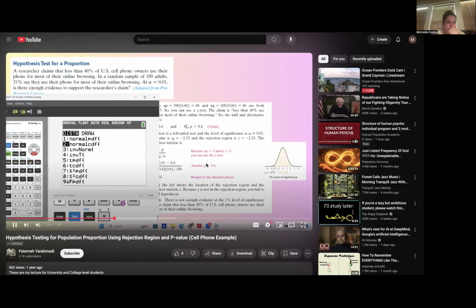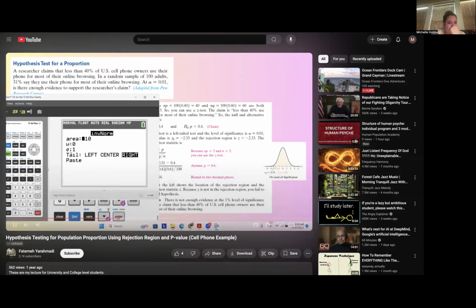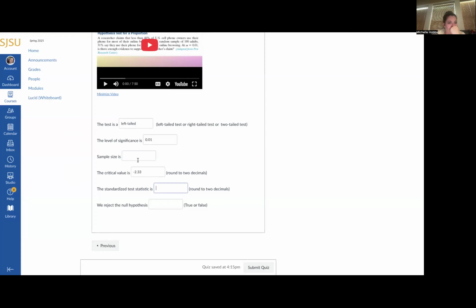And since here you have the area and you want to find z, the function is inverse norm. The area is 1%, so 0.01. Why? Because your alpha is 1%. And here you have a left-tailed test. Mean is 0, standard deviation is 1, and it's a left-tailed test. So go to paste and do the calculation.